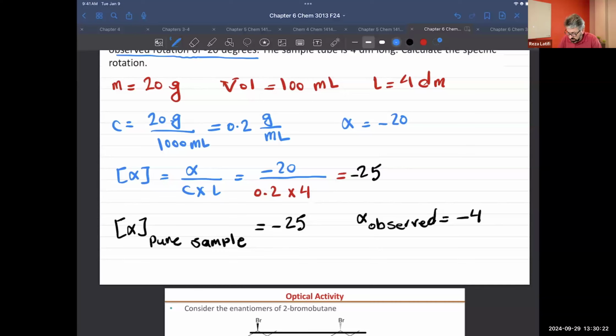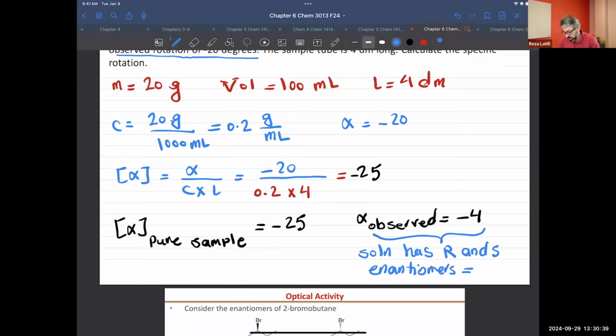It means inside the solution, the solution has R and S enantiomers, or you're dealing with a mixture. And because you have a mixture, some of the second enantiomer will cancel the one that we have in excess. It will cancel some of it, and it will drop the rotation. It will bring the rotation to only minus 4 instead of minus 25.